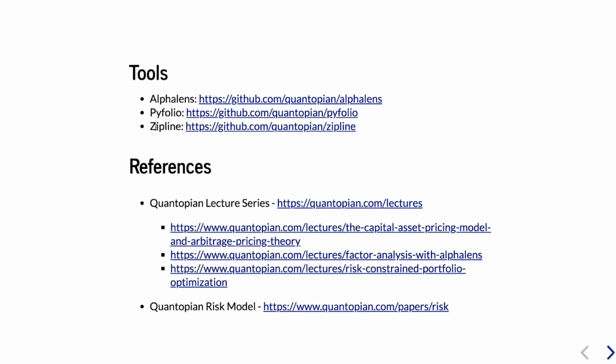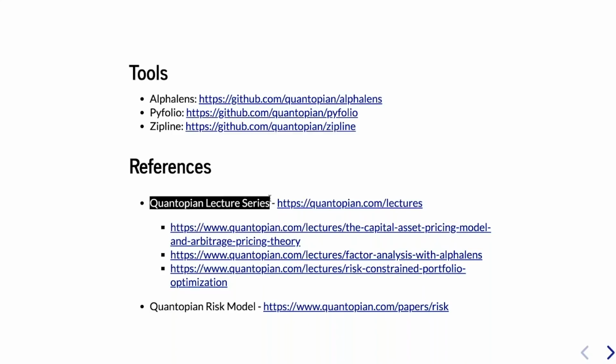Then this zipline library is where I define my pipeline factors, how I efficiently define factors and factors across universes, and how I actually filter down my universe. It lets me get individual factors for every single security in my universe every single day.